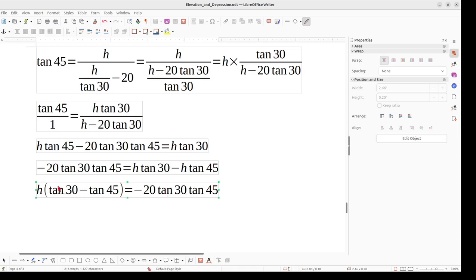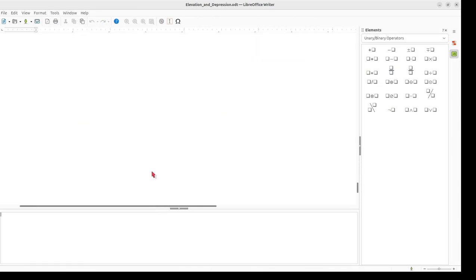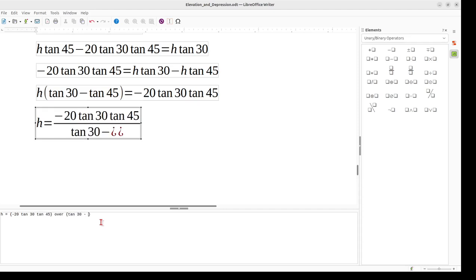Then from there, let's divide both sides by tan 30 minus tan 45. So we are getting that our h is equal to negative 20 tan 30 tan 45 over tan 30 minus tan 45.